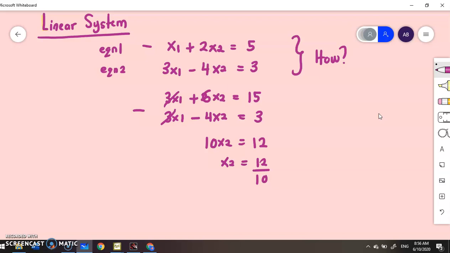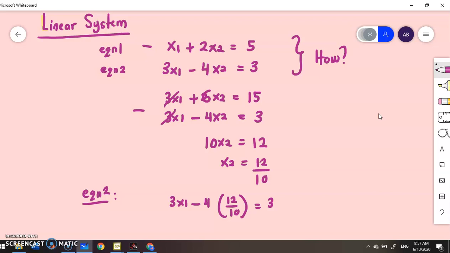Once you have x2, I can substitute into equation 2. So my equation 2 becomes 3x1 minus 4 times x2, where x2 is 12 over 10, equals 3.